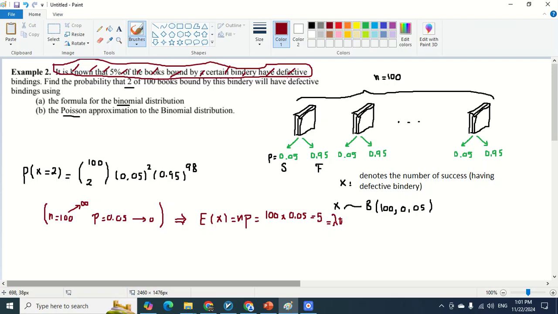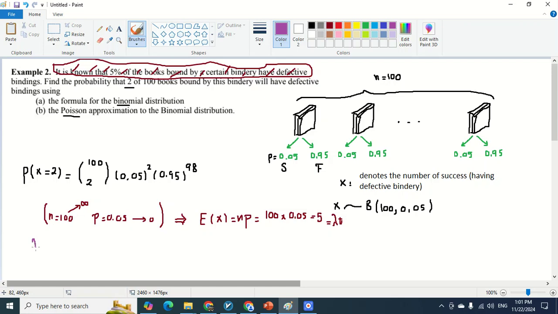So find the probability that 2 of the books will be defective in the next line of production. As you can see, it looks like a Poisson distribution right now.